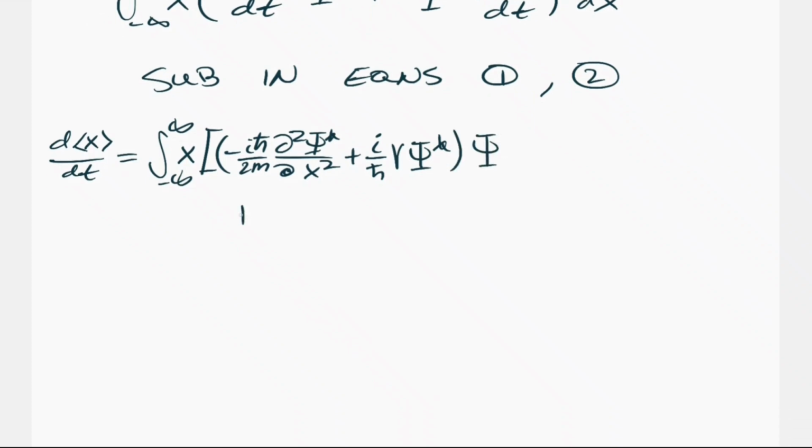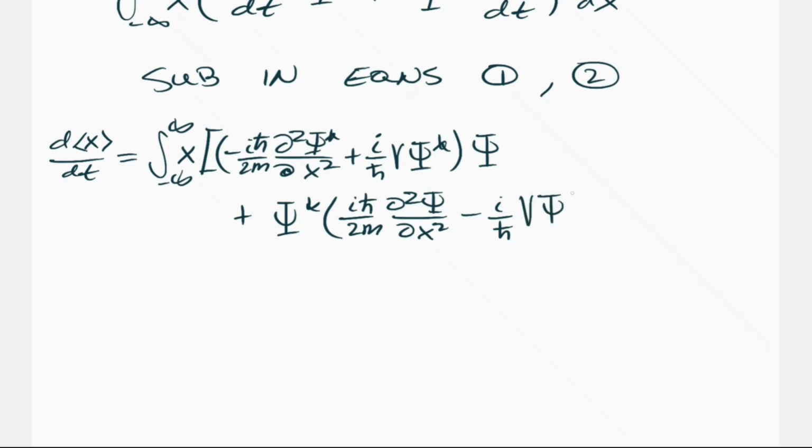Then plus psi star multiplied by i h bar over 2m, partial squared psi/partial x squared, minus i over h bar, potential V, and then the wave function. All right, close the big brackets, dx.